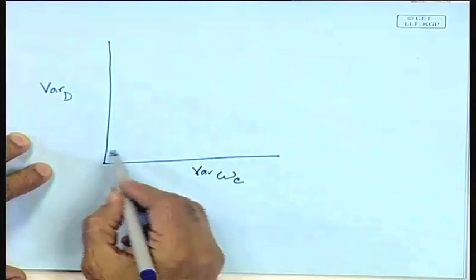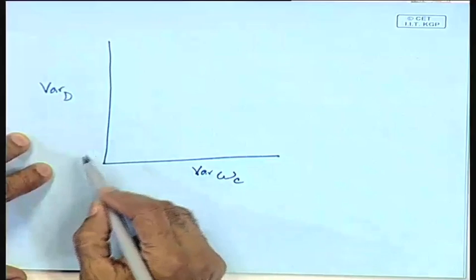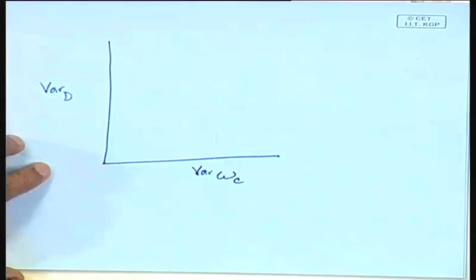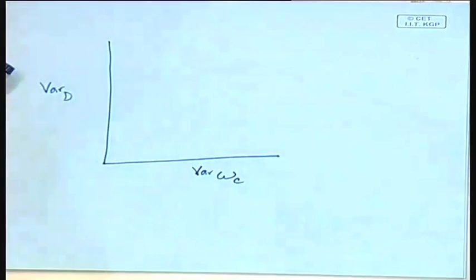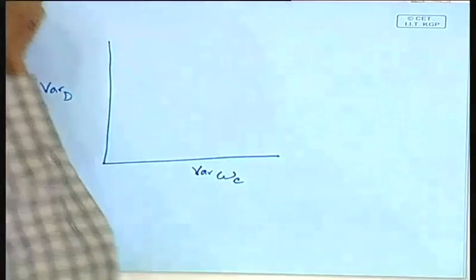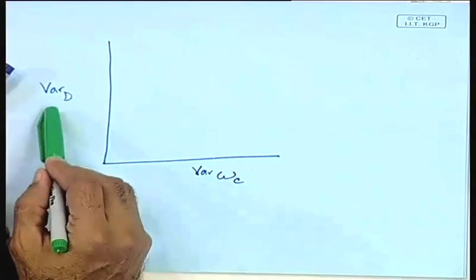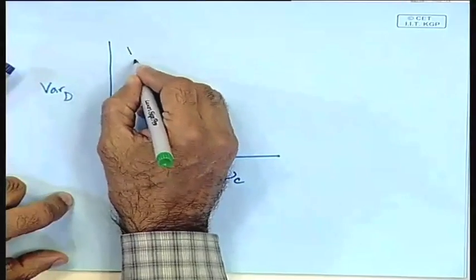So the good place to be is here. That's where you'll get the most robust design. But in actual fact, it turns out, because we've got only R3 to play with, if you change R3, you get different combinations of variance omega 3, variance omega c, and variance D. Now, these can be found using this multi-objective GA.